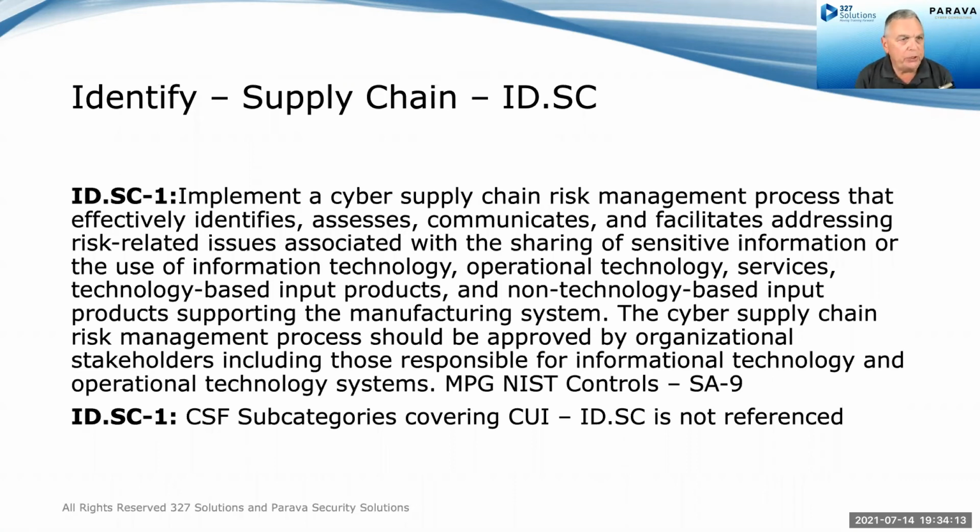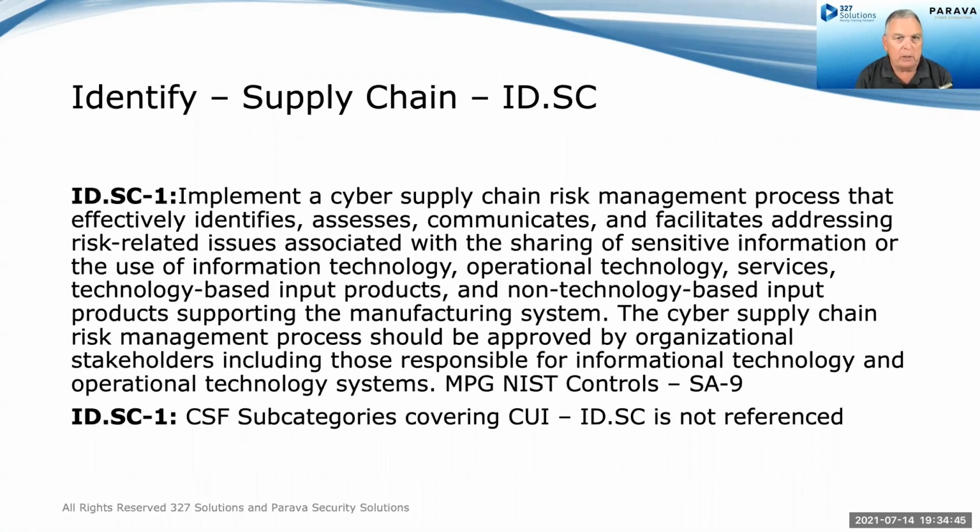What the control is going to suggest that you do is implement a cyber supply chain risk management process that's going to help you identify, assess, communicate, and facilitate addressing the risk-related issues associated with the sharing of sensitive information, be it the use of information technology, operational technology, services, technology-based input products, and non-technology-based input products supporting the manufacturing system.